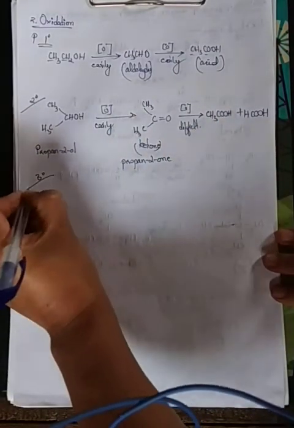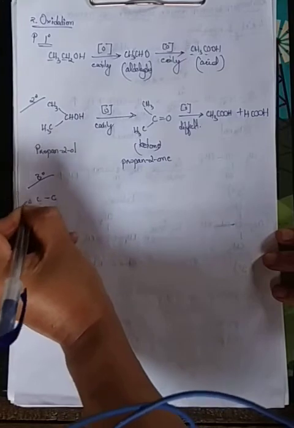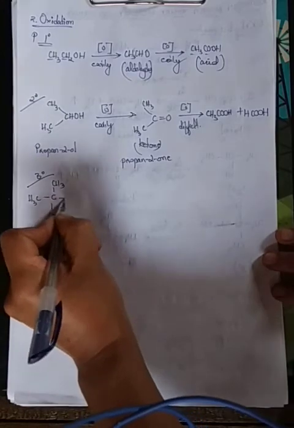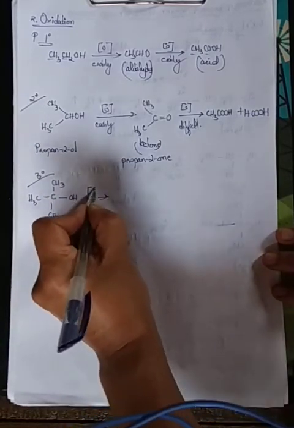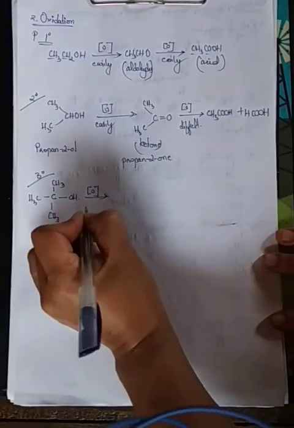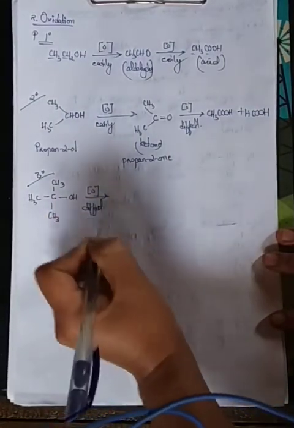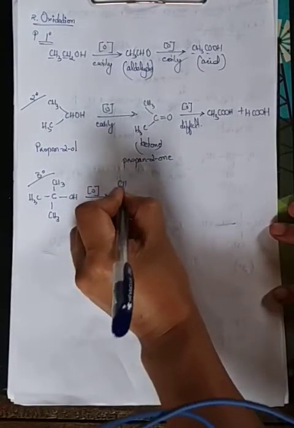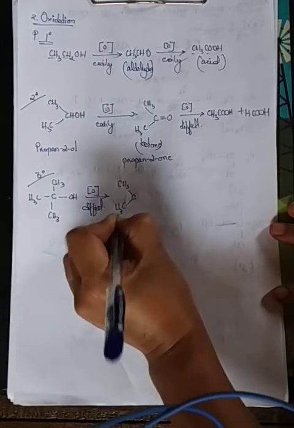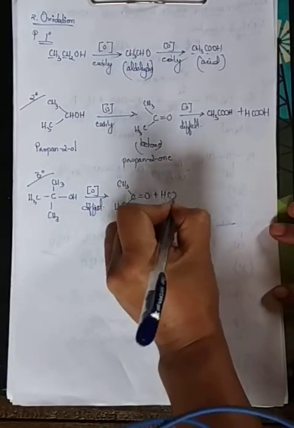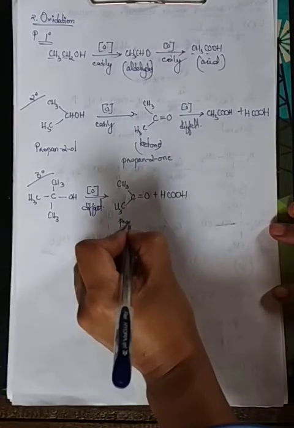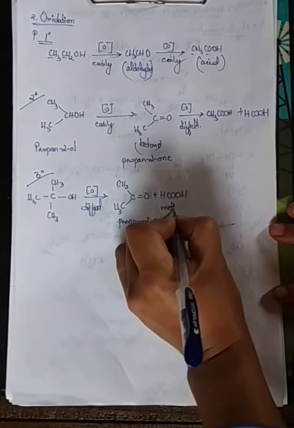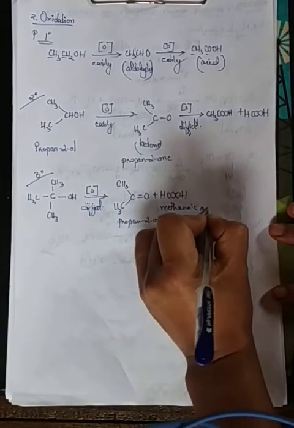Now, a tertiary alcohol undergoes oxidation only under very vigorous conditions. It is very difficult. Here we will be getting our first product: a ketone and an acid. This is our propan-2-one, and this is the 1-carbon methanoic acid.